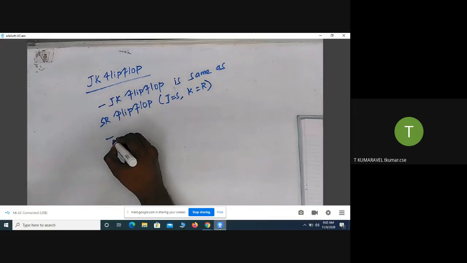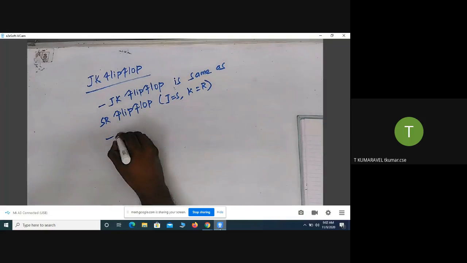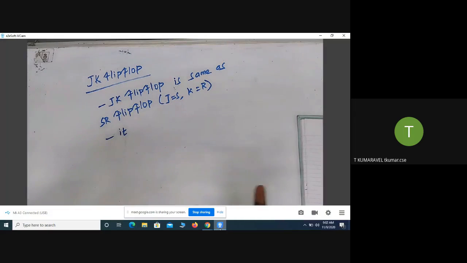Suppose both inputs are equal to one, that is called a forbidden state. Am I correct? They do not provide a definition of what the output is if that input combination occurs. This is the way the JK flip-flop differs from the SR flip-flop.